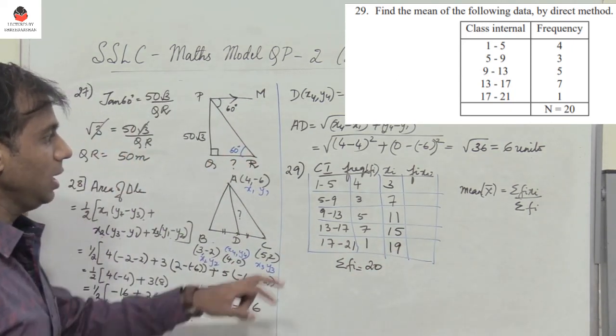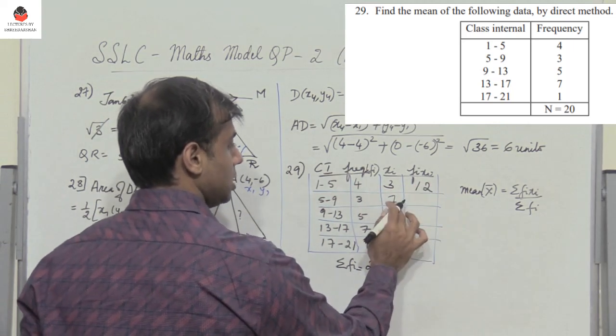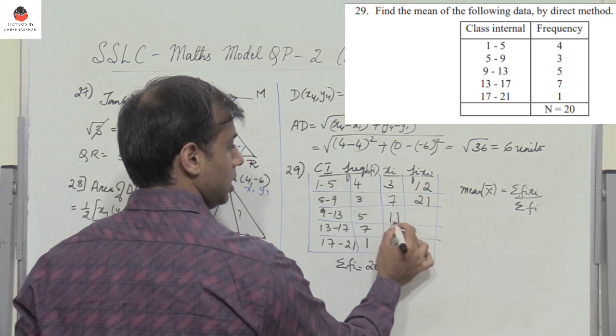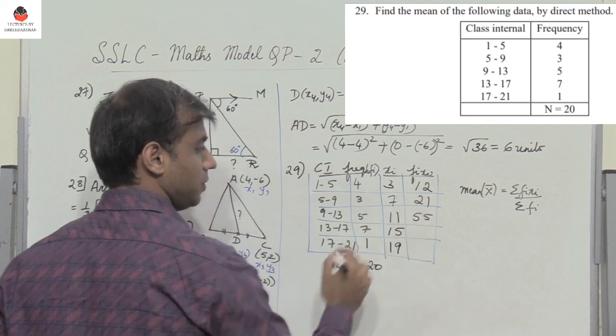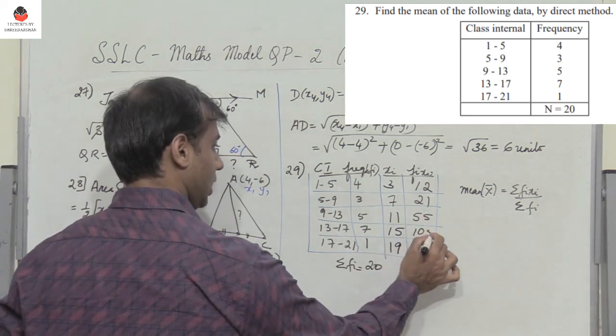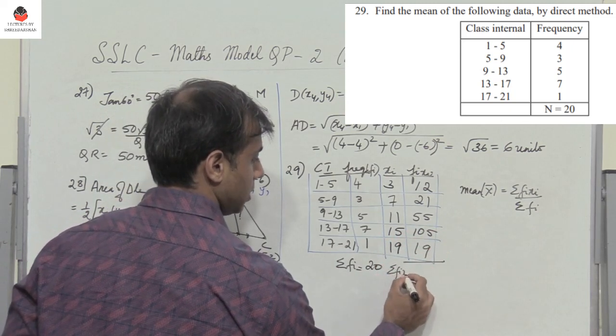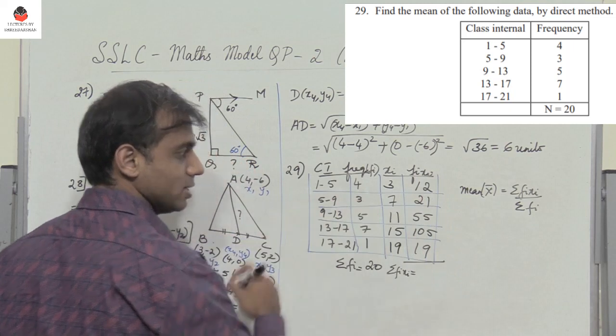So now multiply fi xi. So 4 into 3 is 12, 7 into 3 is 21, 11 into 5 is 55, 15 into 7 is 105, and 19 into 1 is 19. Now sum the last column.